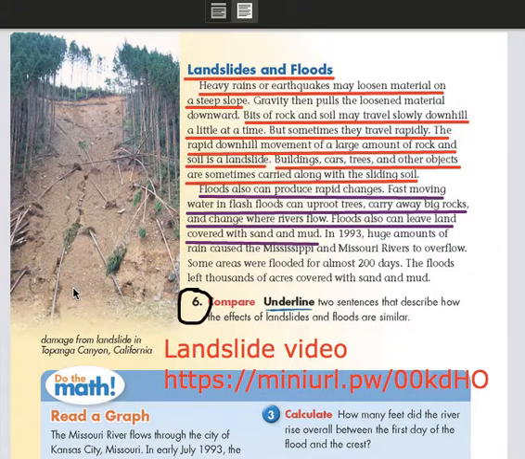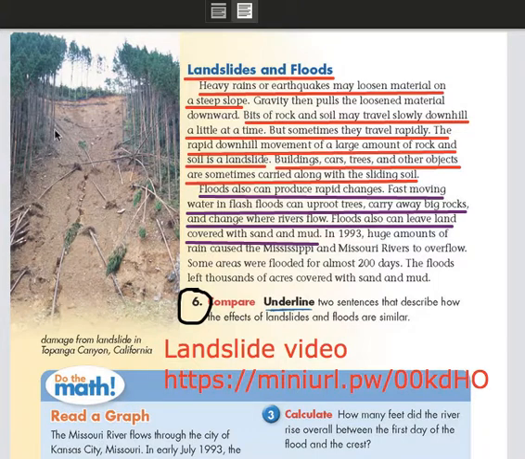Sometimes not only rocks or soil can move through a landslide. Buildings, cars, trees, and other big objects are sometimes carried along with the sliding soil. In this situation, it's very strong. So this sliding is very strong.